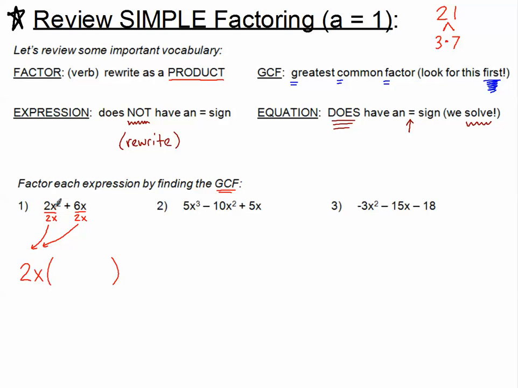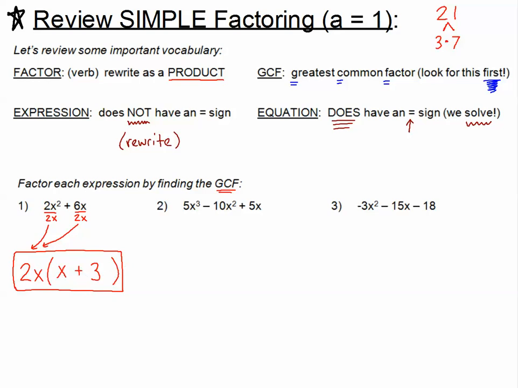If I have an x squared, which represents two factors of x, and I take one of them outside the parenthesis, then one of them will remain inside the parenthesis. Then, of course, I have my plus sign. If I have this 6 and I divide that by 2, that must mean that the factor of 3 will remain. And if I had the factor of x but I took it outside, then it no longer is inside. And this is factoring using a GCF. I find what's common and I pull it outside, and leaving one set of parentheses with everything else that remains.